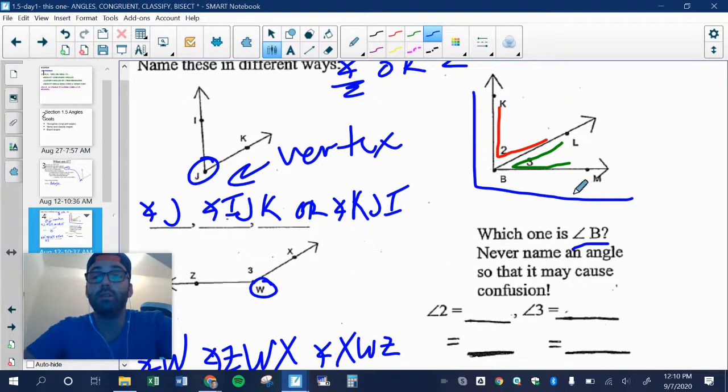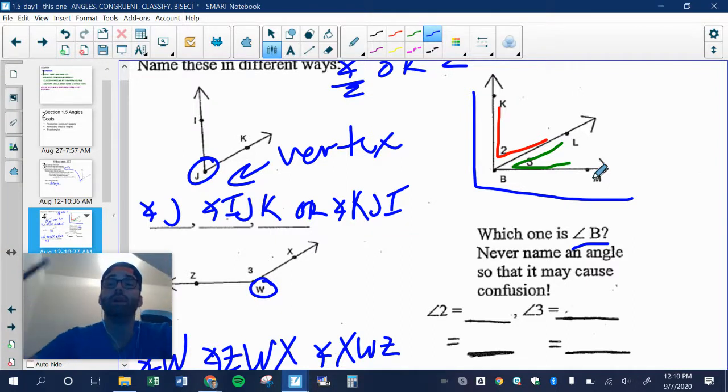All right. So there are three angles here. There's the whole angle and the two smaller ones. Whenever you have two smaller ones inside of a big angle, I can't use a single letter. So angle 2 could be this, angle KBL, or angle LBM.